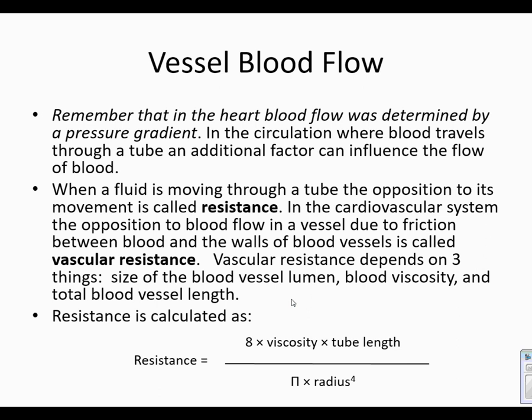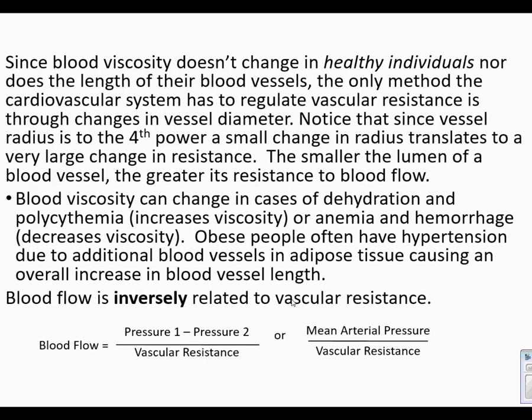And look what happens when you raise it to the 4th power. You're not multiplying it 4 times. You're multiplying it by itself 4 times. So you're not multiplying by 4, you're multiplying by itself 4 times. So changes in the radius or the blood vessel lumen can be very influential on the resistance. And therefore, resistance, as we said, affects flow.